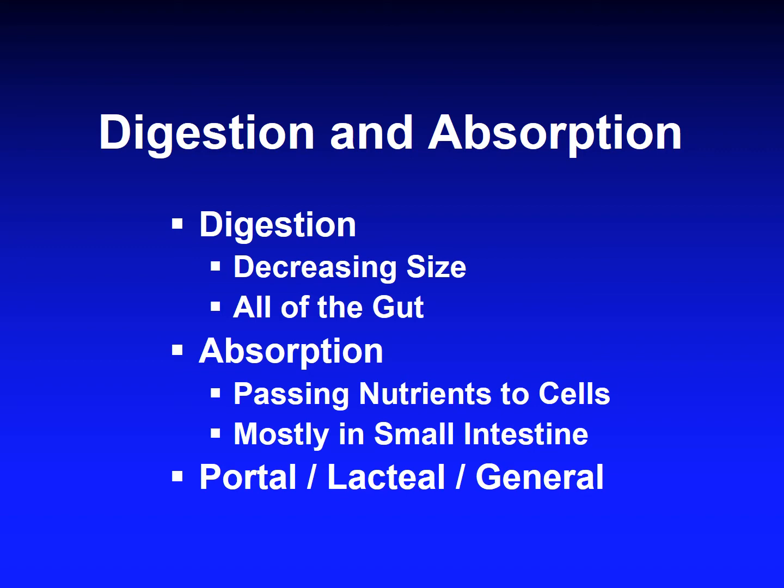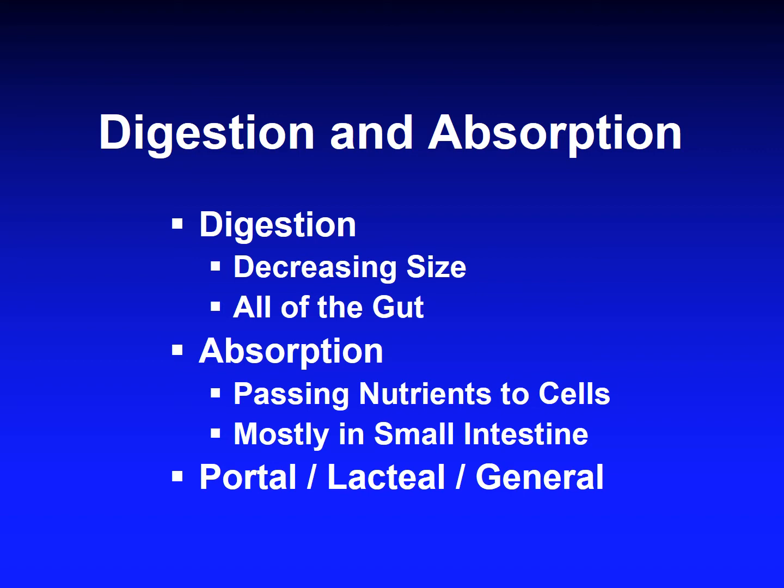Absorption, on the other hand, is passing the nutrients, again, the acceptable size of those nutrients, carbohydrates, fat, and protein, into the enterocyte first, and then into either the bloodstream or the lacteal or the lymphatic stream. So two paths. First, you're going to get it from the lumen of the intestine to the inside of the enterocyte.